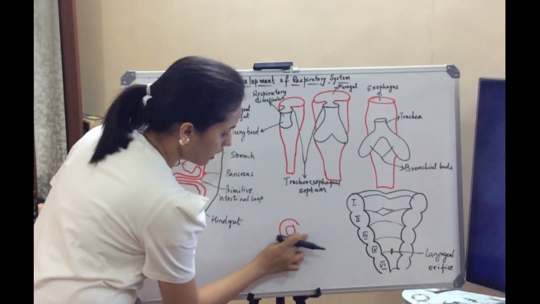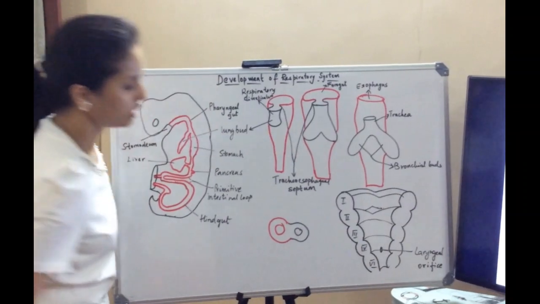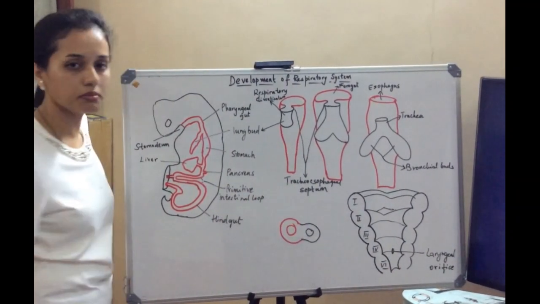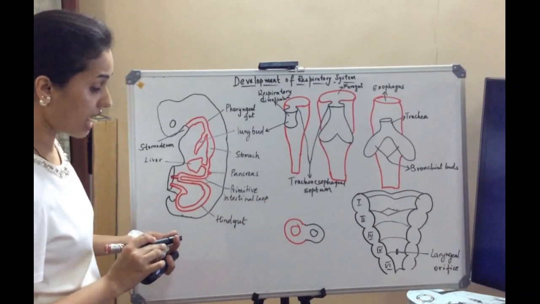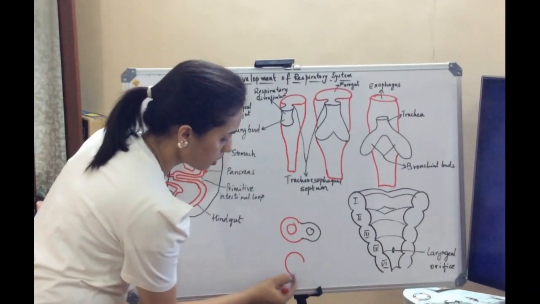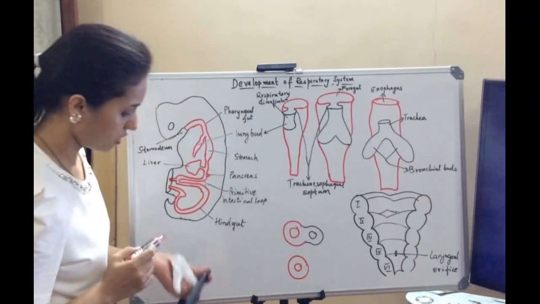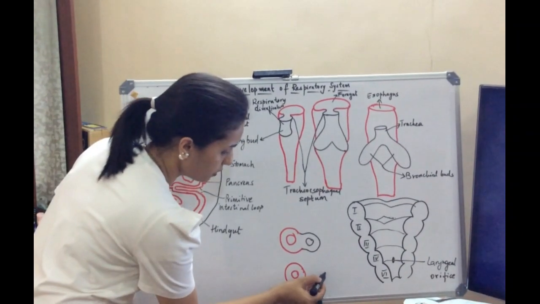So initially there will be a communication with the diverticulum. The ridges are formed on either side, and as the ridges fuse, there will be separation of the two tubes, the wind tube and the food tube.